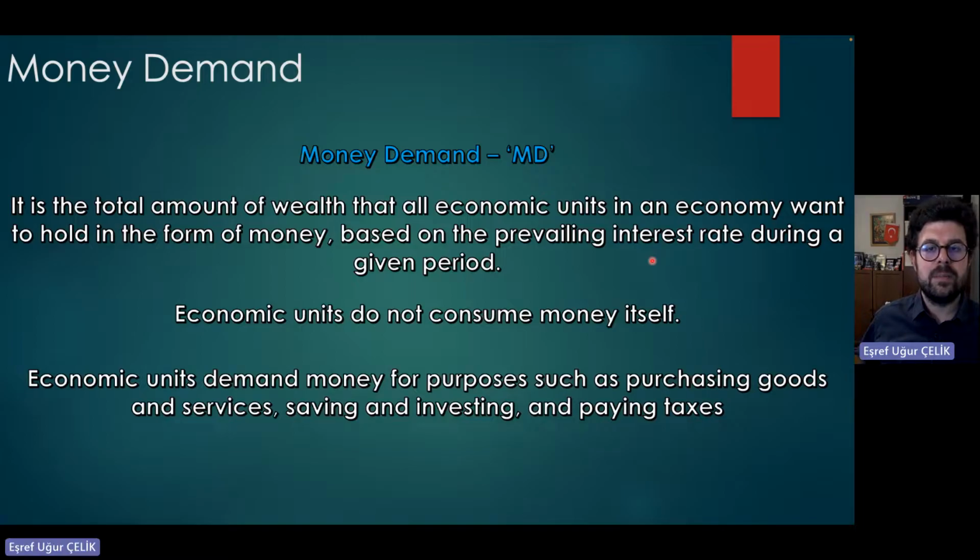We demand money for some reasons, like we purchase some goods and services, we make saving, we make investment or other things. And mostly in Turkey, I'm sure you already paid your taxes. Also the example of how we can use money for demanding.